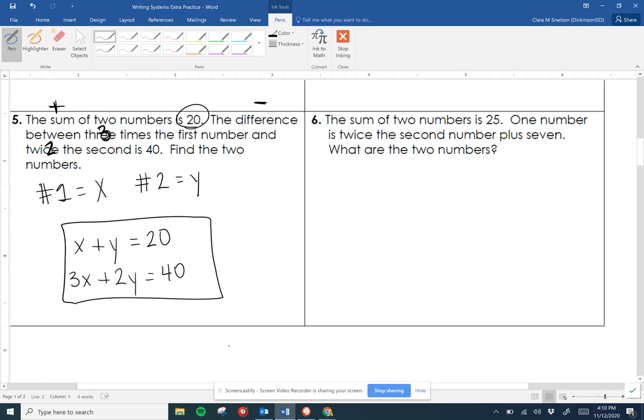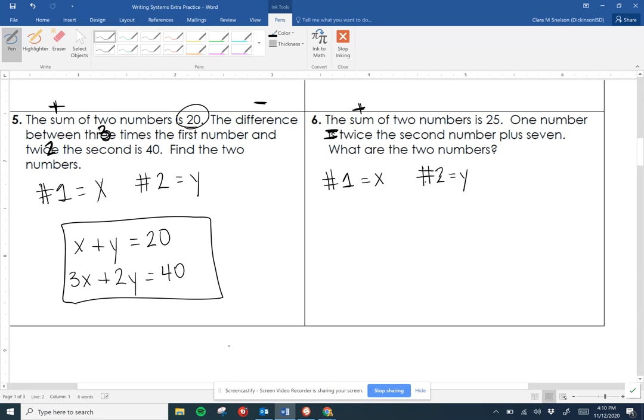Number 6 says the sum of two numbers is 25. Then one number is twice the second number plus 7. Okay, "is" in a word problem means equals. So our first number again is going to be x. Our second number again is going to be y.